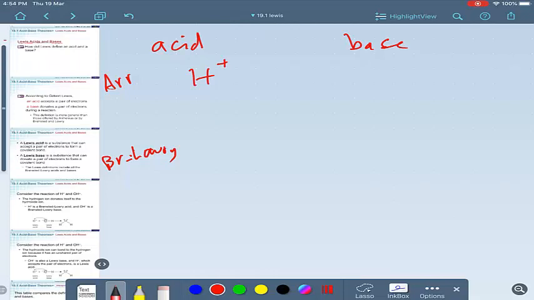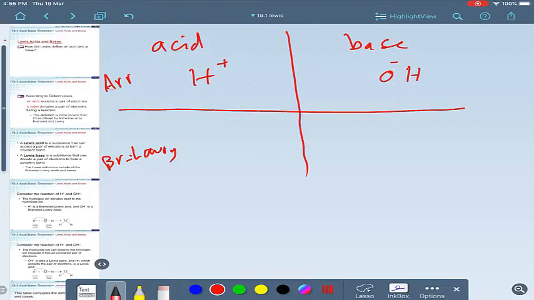So, acid is a hydrogen ion producer. The base by Arrhenius theory is the molecule or compound that produces OH negative or hydroxide. It means it is a hydroxide producer. This is Arrhenius.